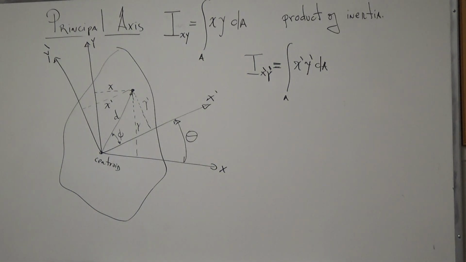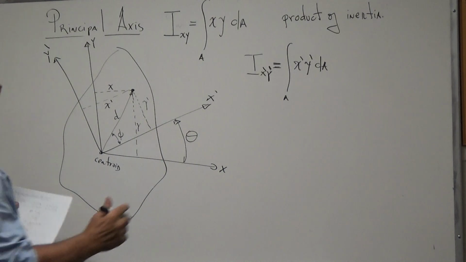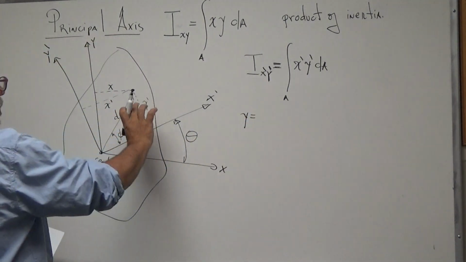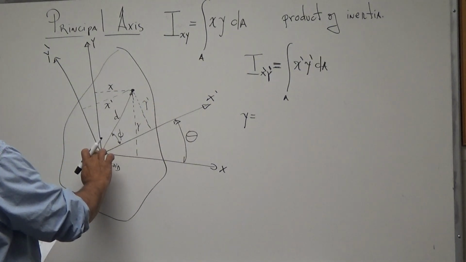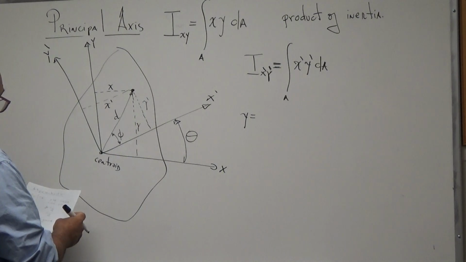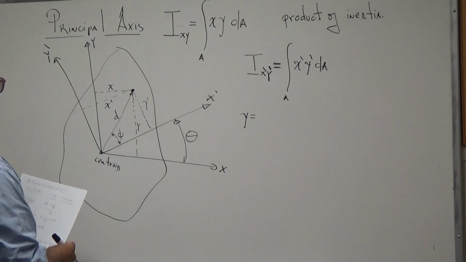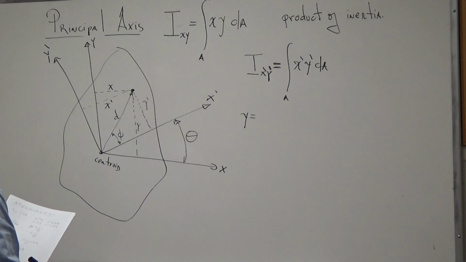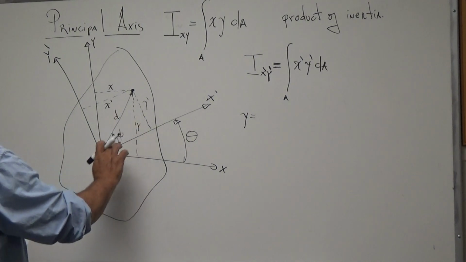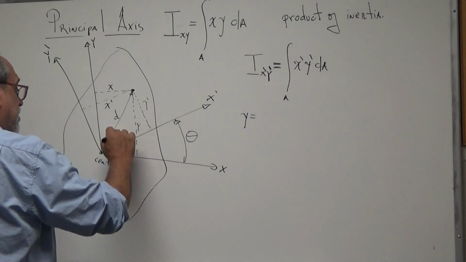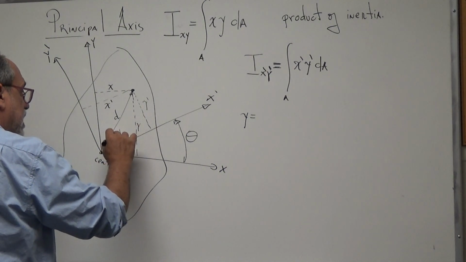Now, the following trigonometric relations are rather apparent. Y, which is this, is just d times, wait a minute, yeah. This is an error. What I meant is phi, please correct this.